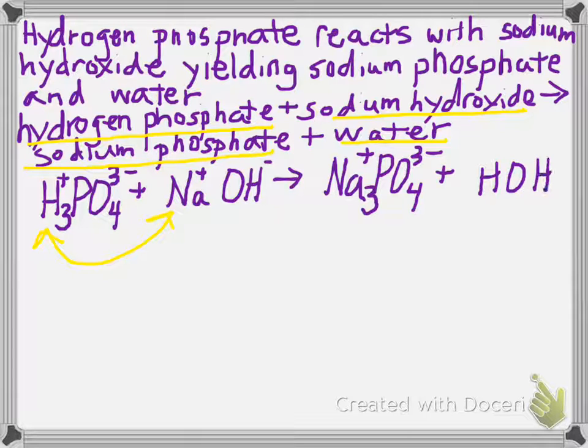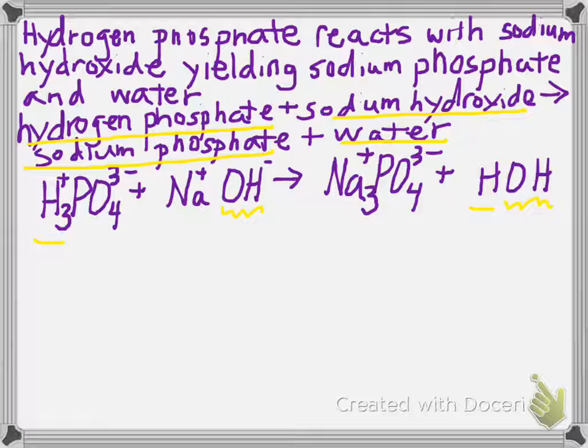Oftentimes, when you see hydroxide in our chemical equation, it's going to be easier to balance it if one of your products is water and you write water as HOH, right? That's still water. It's still two hydrogens and an oxygen. I'll show you why that makes it easier to balance. Again, this becomes that. This hydrogen is right here.